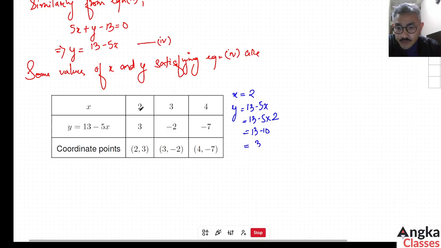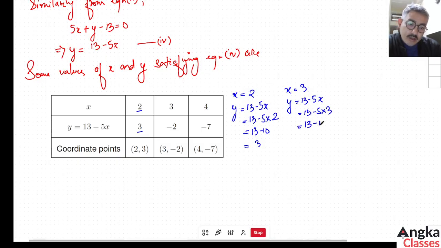So for x equal to 2, y is 3. Similarly, when x is equal to 3, y is equal to 13 minus 5x, 13 minus 5 into 3, so 13 minus 15, which is minus 2.